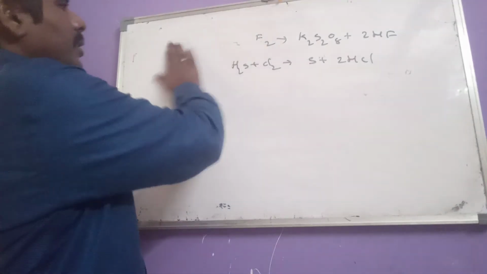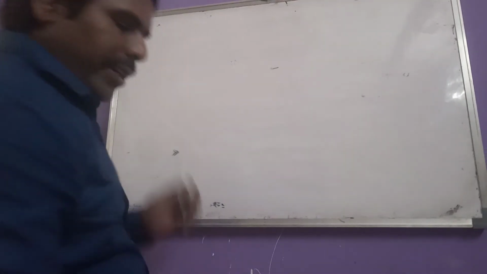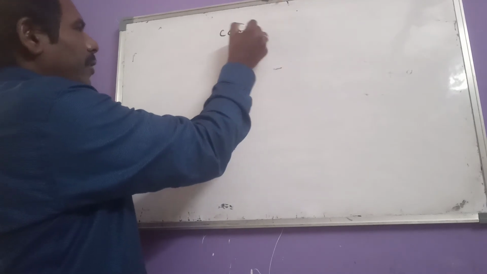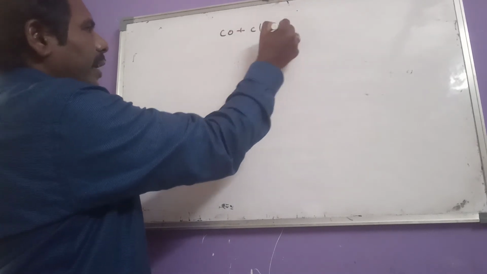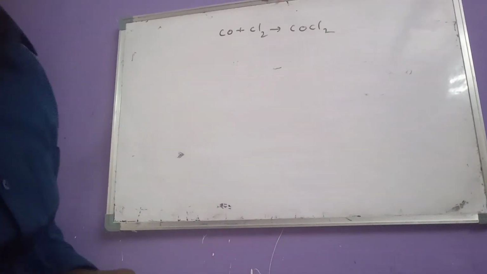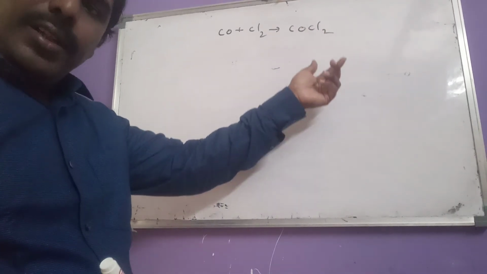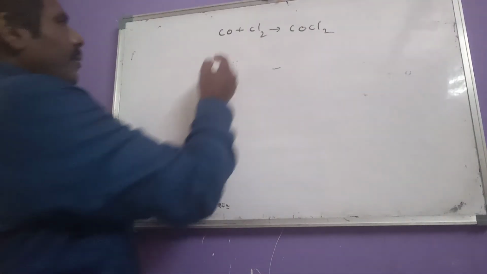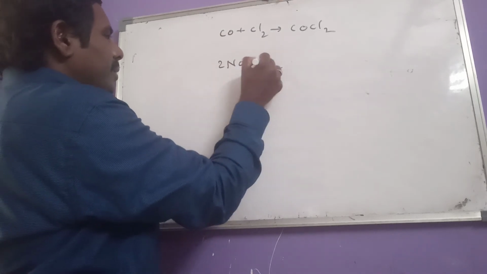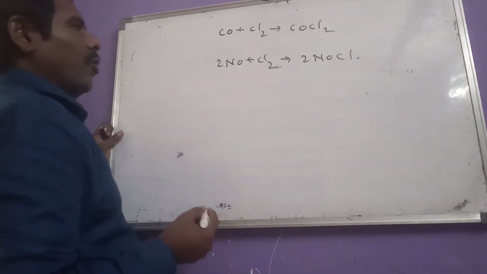Then some halogens can participate in addition reactions, especially chlorine. Chlorine combines with carbon monoxide and produces COCl2, known as carbonyl chloride or phosgene. Then 2NO plus Cl2 gives 2NOCl, nitrosyl chloride.